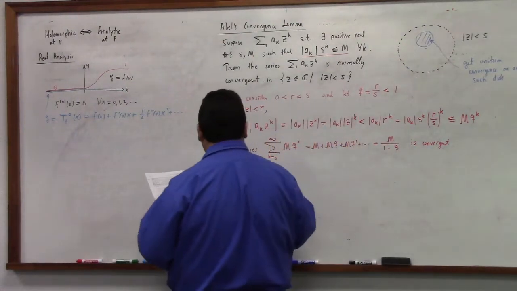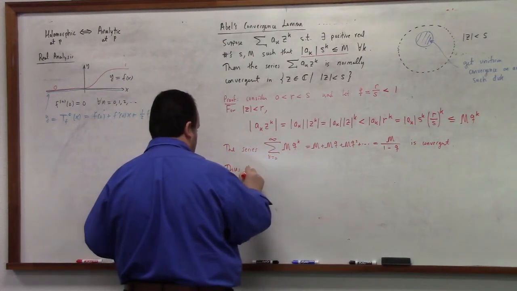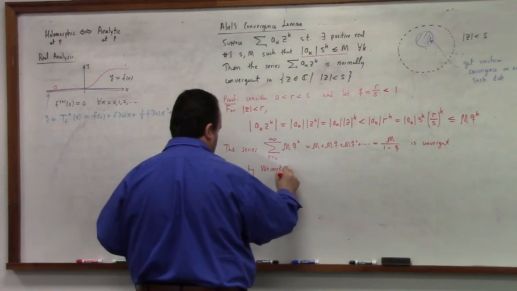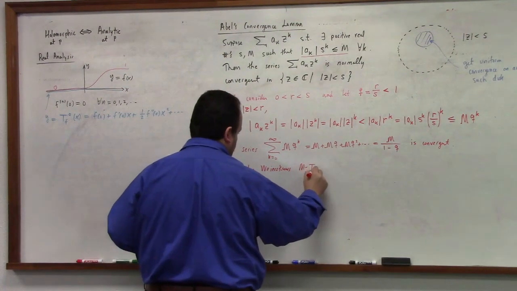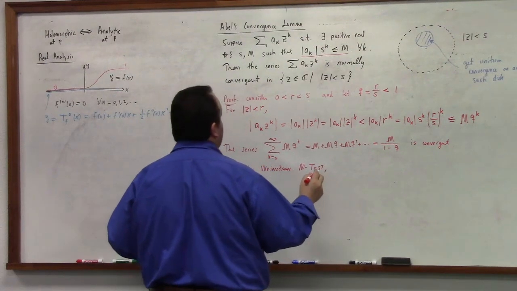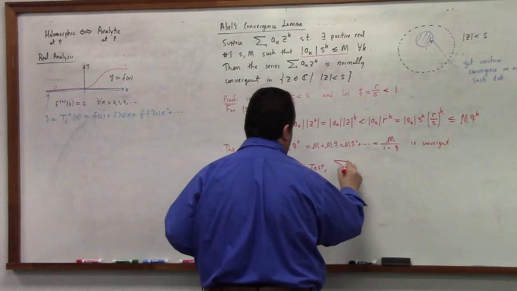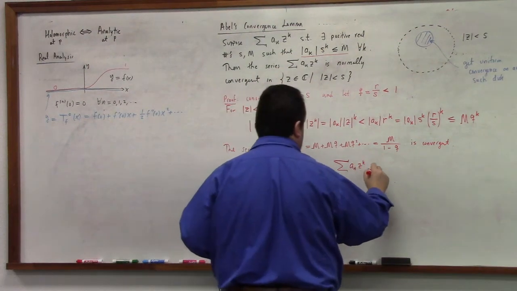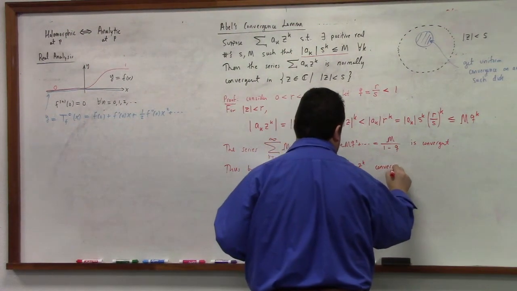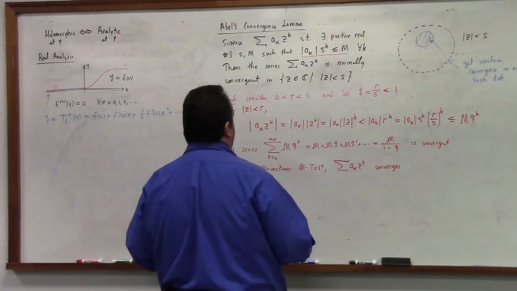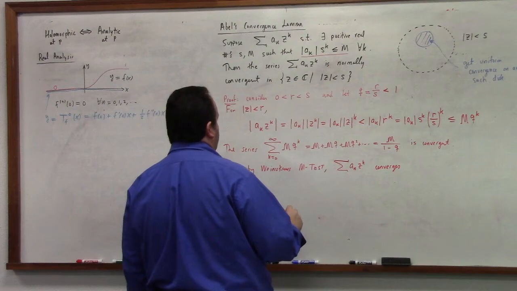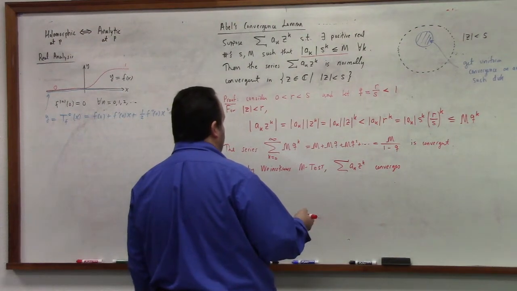So thus, by the Weierstrass M test, we have that the sum of a_k z to the k converges. In fact, it converges uniformly.